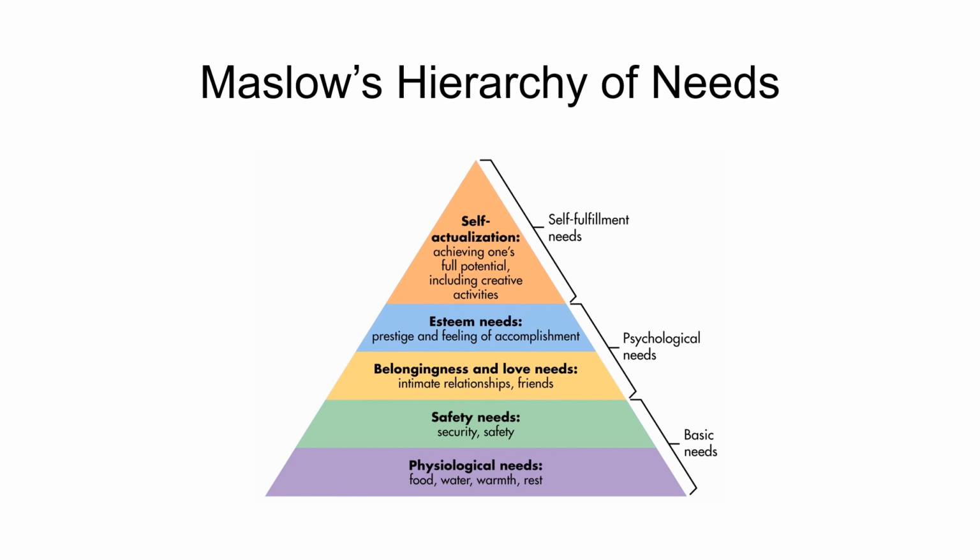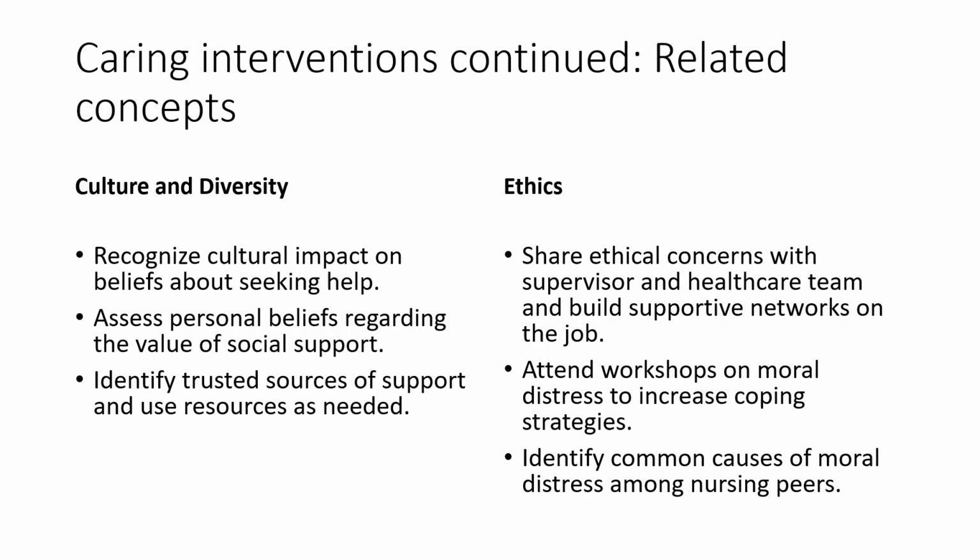We're not going to have friendships. We're not going to feel accomplished or have prestige or self-esteem. For example, our homeless patient might have food and water now, but they might not have safety and security. So they're not going to be as intimate with their relationships. They're not going to have that feeling of accomplishment that we see in Maslow's hierarchy.